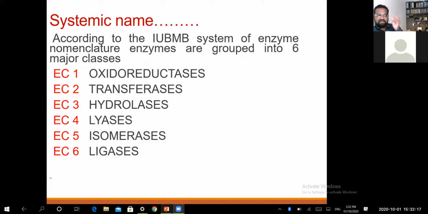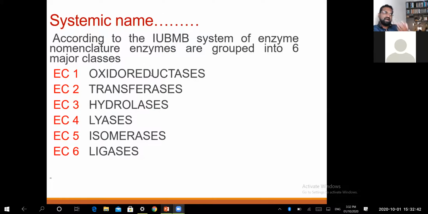By merely taking a trivial name of the enzyme, you may not know anything about the enzyme from the name. For example, if I say amylase, you can't predict what this enzyme is going to do. Or if I say catalase, from the name you cannot get any information regarding the enzyme's activity.